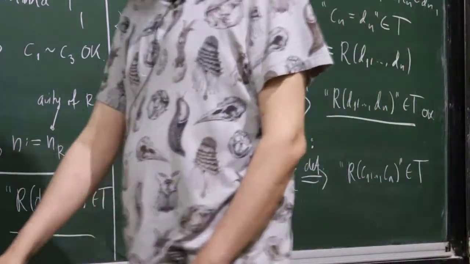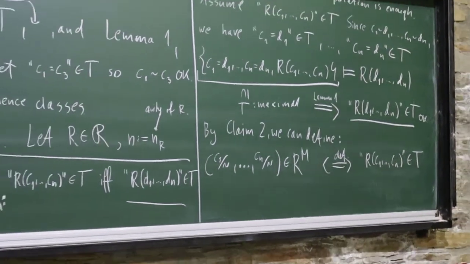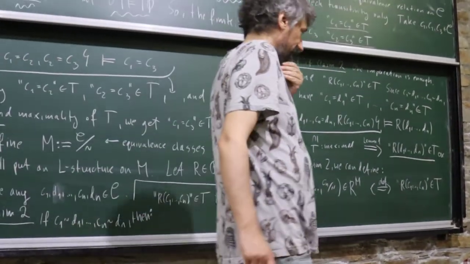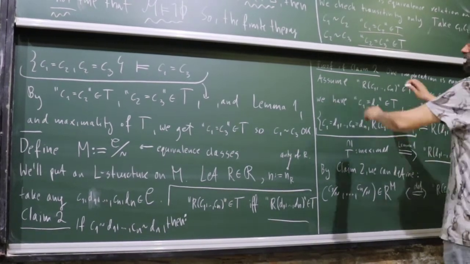Okay, so because of claim 2, this is really well defined. So these are the relations. Now, okay, let's do everything precisely.